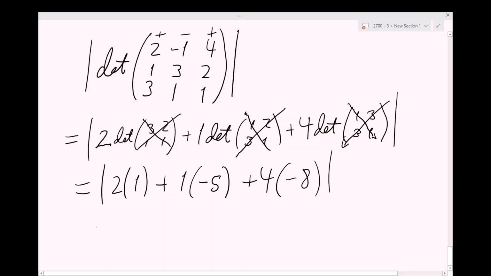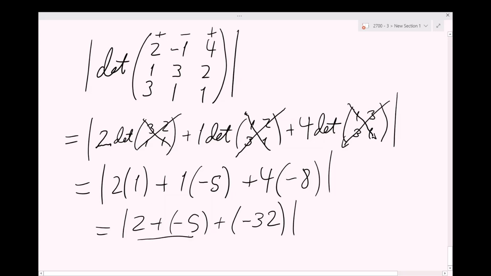So finally, we're getting the volume of the box determined by those 3. Negative 8 times 4 is minus 32. If I add this up, I've got, let's see, negative 35. So we're getting the absolute value of negative 35, or 35.